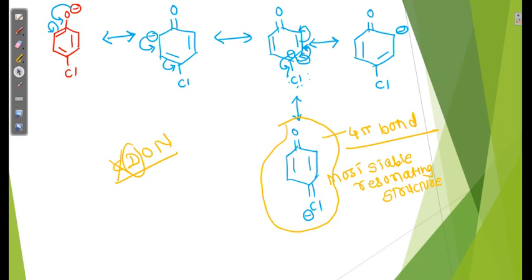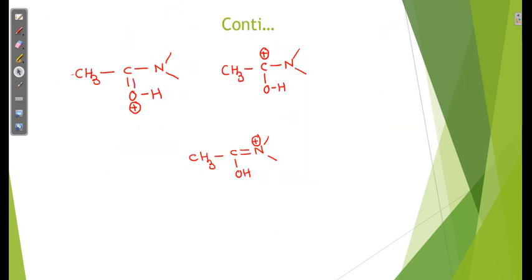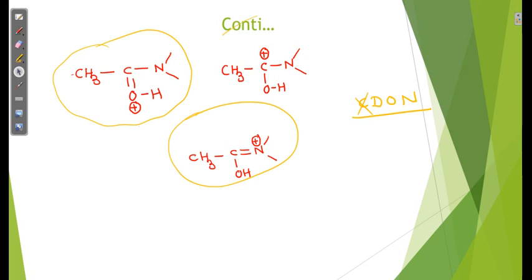Let us go ahead. These are the possible structures. Among them we have to find which is less stable. First find out which is least stable. Which is the least stable? From CDON, all contain charge, yes. Double bond: this contains 1 pi bond, this also contains 1 pi bond. So I can suggest that this is the least stable.